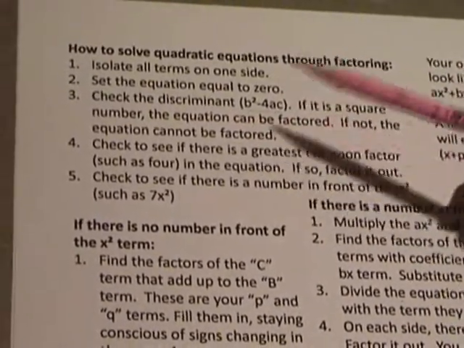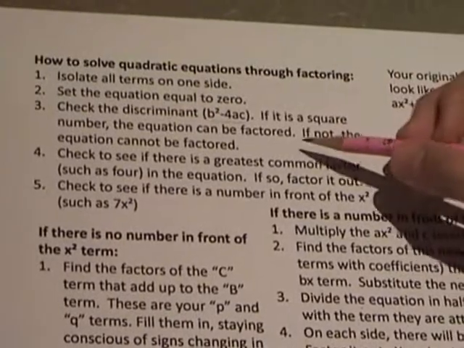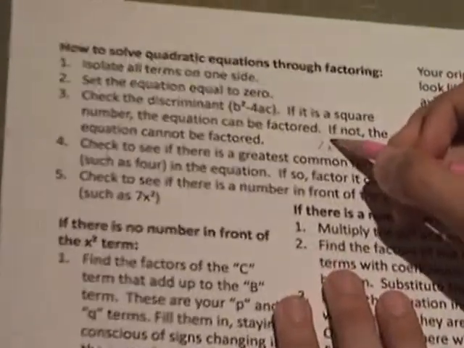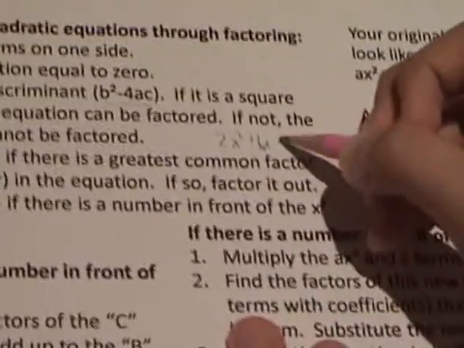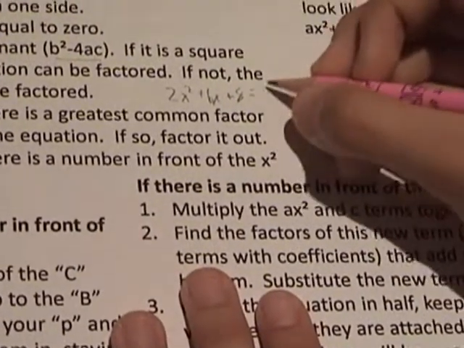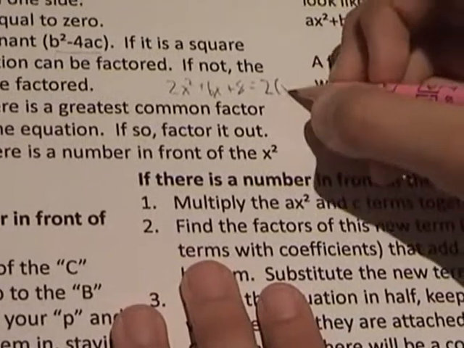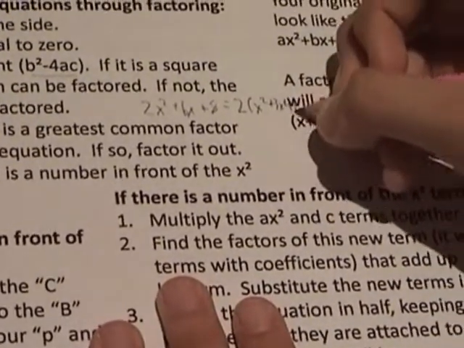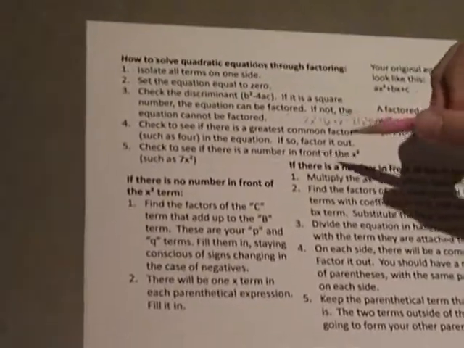Then check to see if there's a greatest common factor, such as 4 in the equation. If there is, factor it out. Again, 2x squared plus 6x plus 8 can become 2 times x squared plus 3x plus 4. Then check to see if there's a number in front of the x squared.